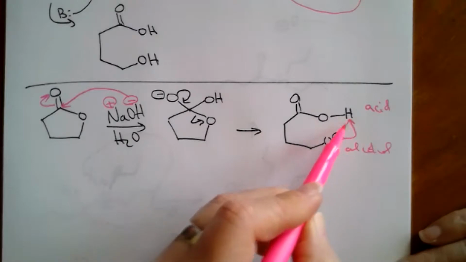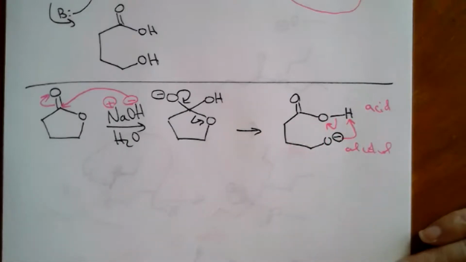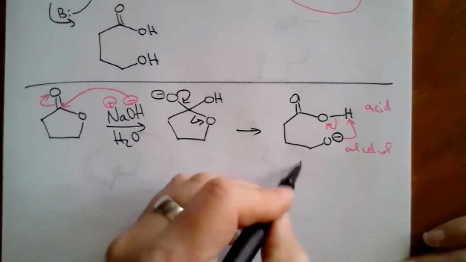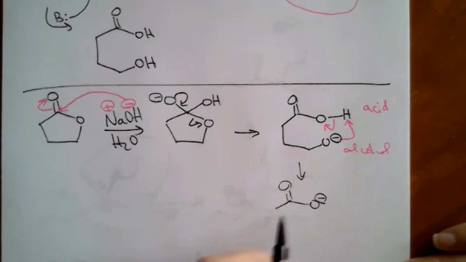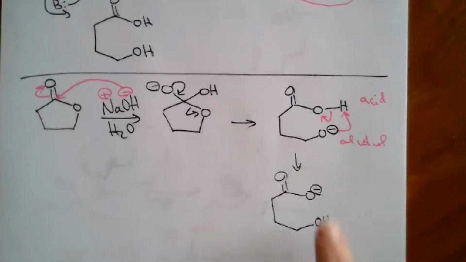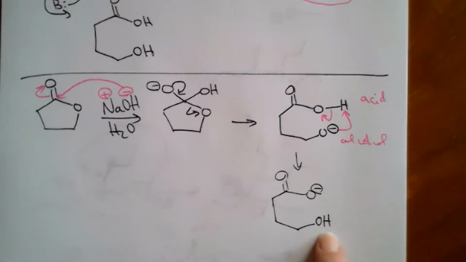So you will get a proton transfer between the conjugate base of the alcohol and the carboxylic acid because those guys cannot coexist. So you end up with a carboxylate and an alcohol. Got it? Cool.